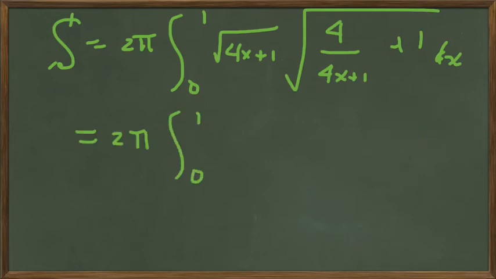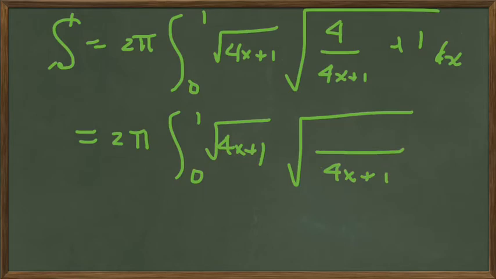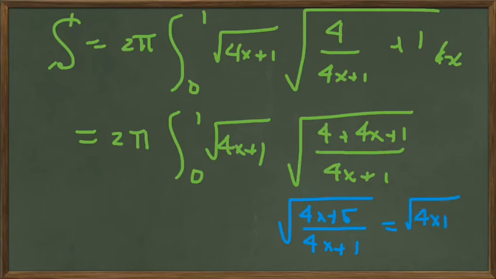So 2 pi, 0 to 1, no change here, and under this radical we're going to get the common denominator of 4x plus 1, and this 4 doesn't change, but this 1 changes to 4x plus 1, so this radical becomes the square root of 4x plus 5 over 4x plus 1, and that's the same as the square root of 4x plus 5 over the square root of 4x plus 1.